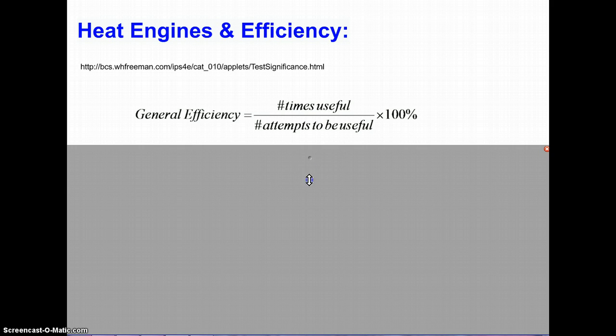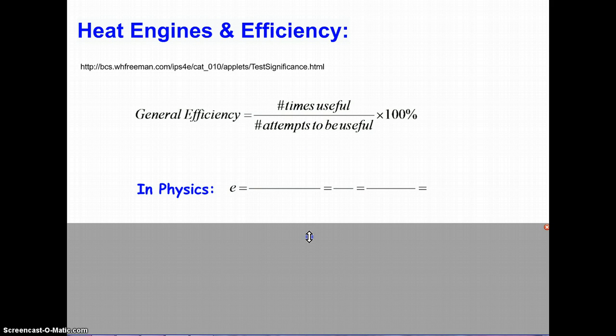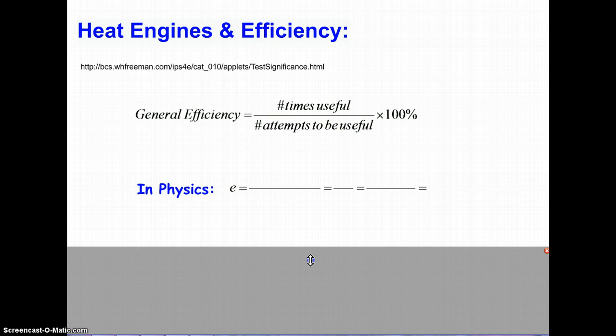So in physics, efficiency, the symbol for which is lowercase e, as far as energy is concerned, useful energy is called what? Well, useful energy is called work.